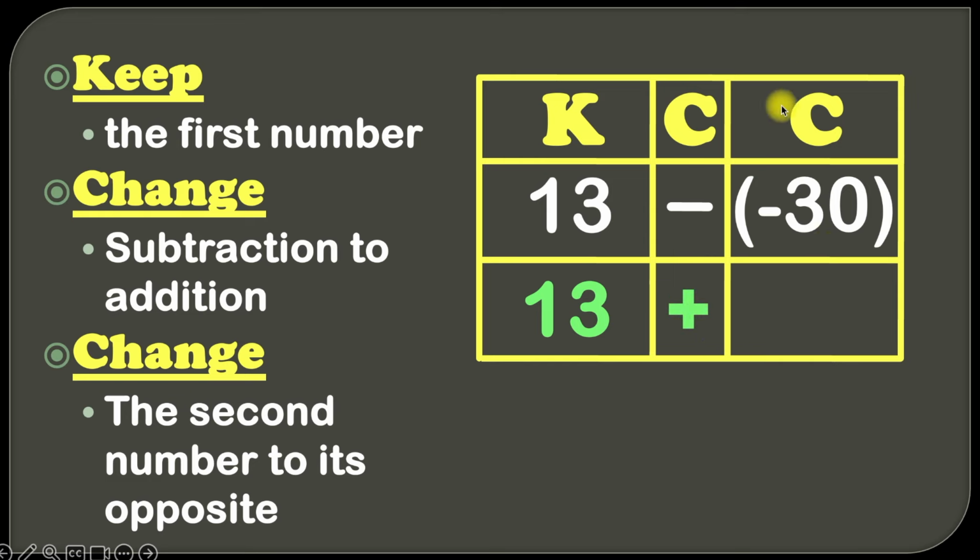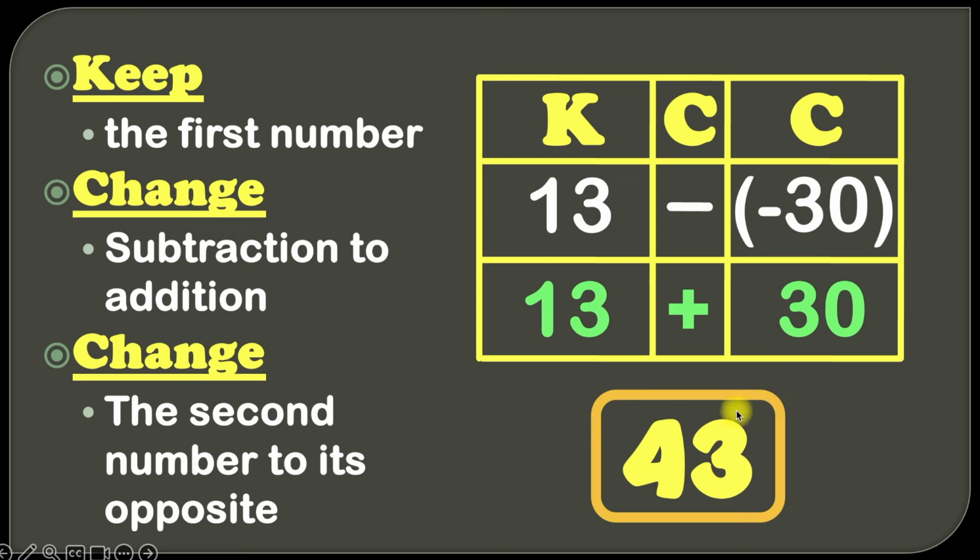And this C also stands for change, but here we're changing the value to its opposite. Since this is -30, the opposite of -30 is +30. And what's 13 plus 30? Well, that's 43.